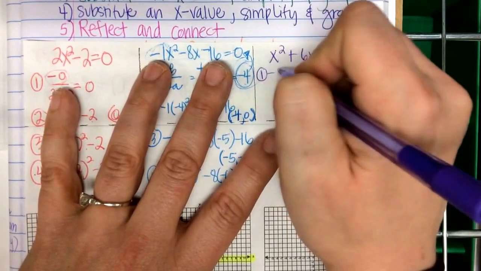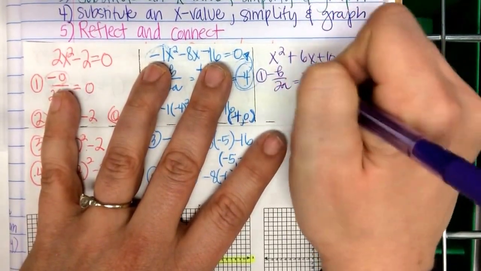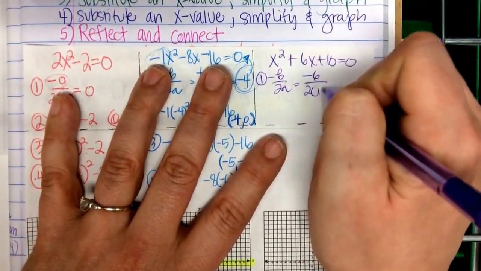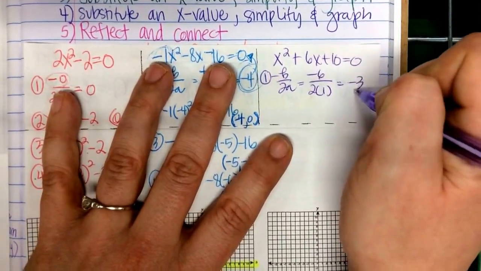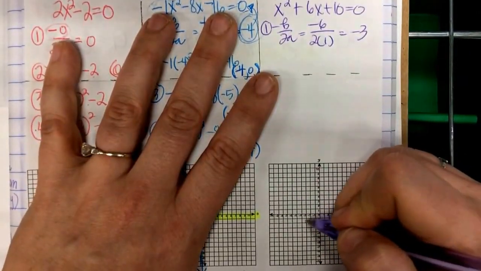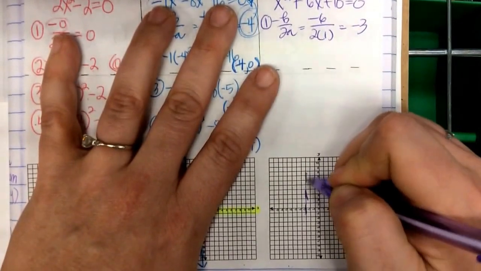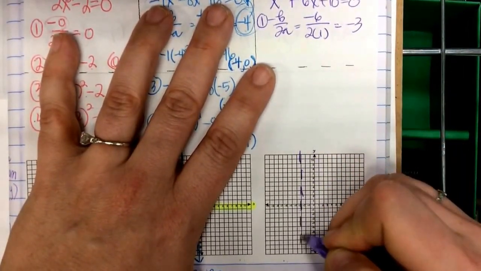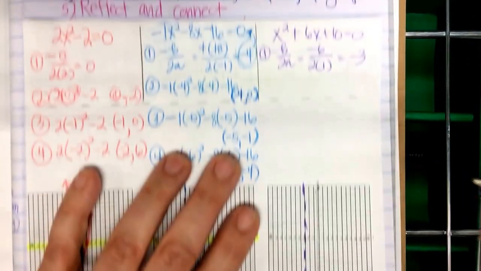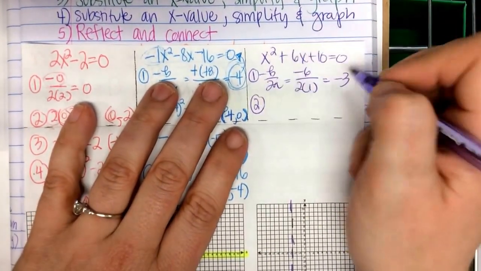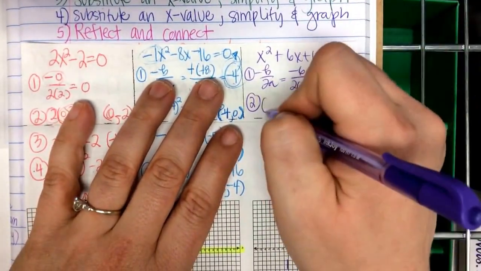So step 1, negative b over 2a is negative 6 over 2 times 1, which is negative 3. Am I correct? Then step 2 is to take that value and put it back in the original problem.